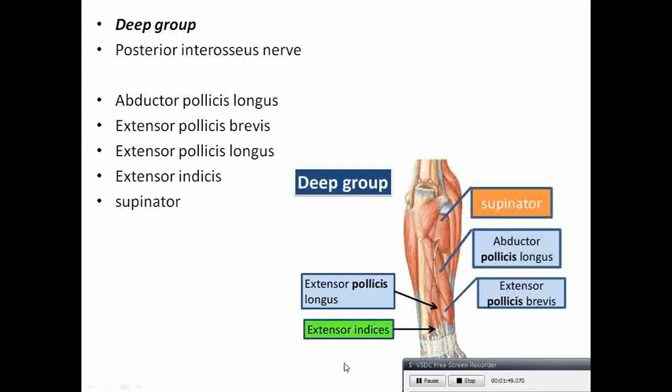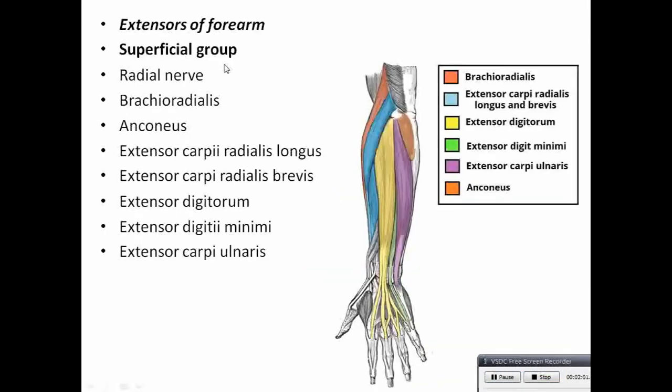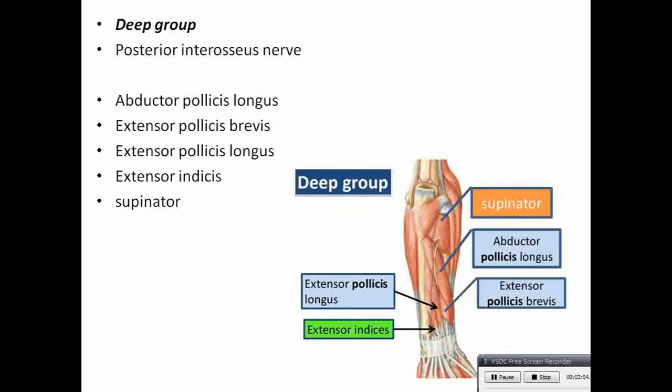Now the deep group muscles: when you cut the superficial muscles, these muscles are lying deep and are supplied by the posterior interosseous nerve. So the superficial muscles are supplied by the radial nerve, whereas the deep group are supplied by the posterior interosseous nerve, which is a branch of the radial nerve.